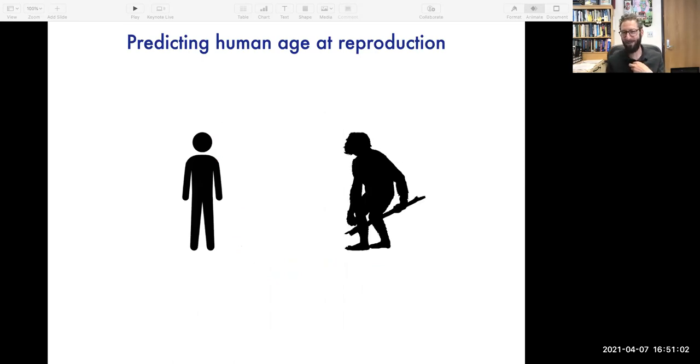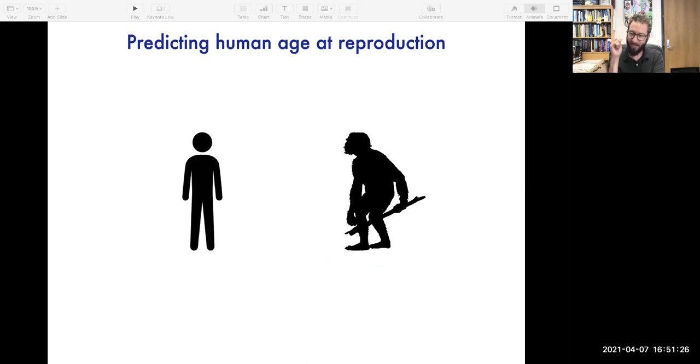I want to do that with humans who lived a long time ago. And here's the idea. I can't get a trio of humans who are not alive today, but I could say, here are all the mutations that arose in this time period.